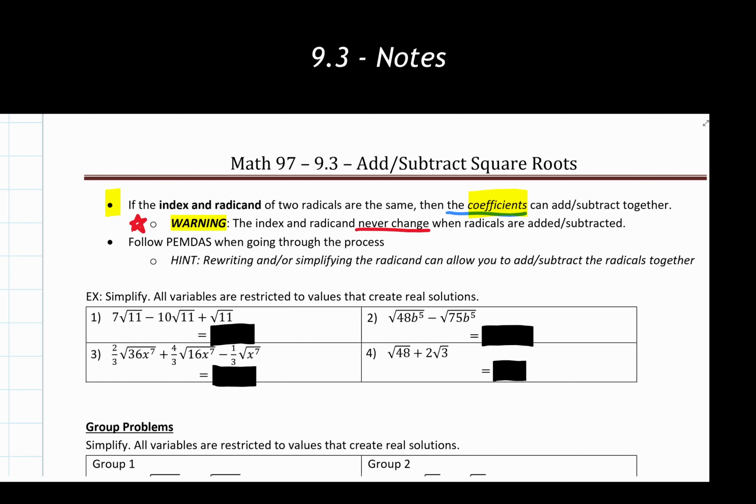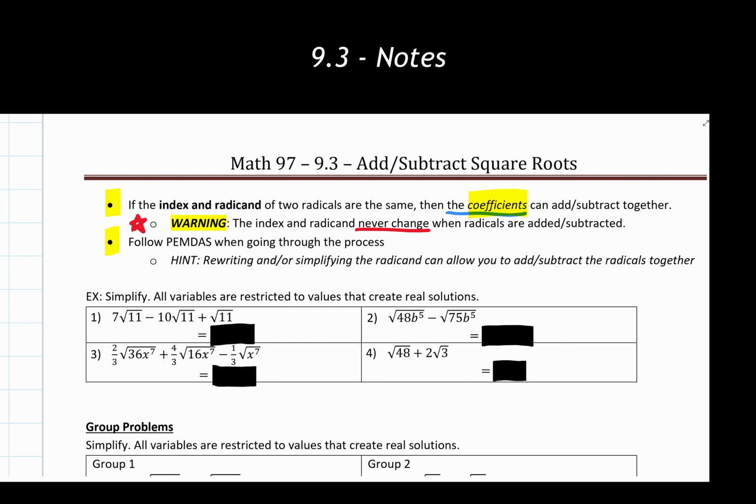Now beyond this, we're going to follow all of the previously learned and discussed methods for simplifying something down. We are going to be using PEMDAS in our order of operations to go through and simplify these things. So go back and reference the previous videos that talk about how we use radicals inside our order of operations.